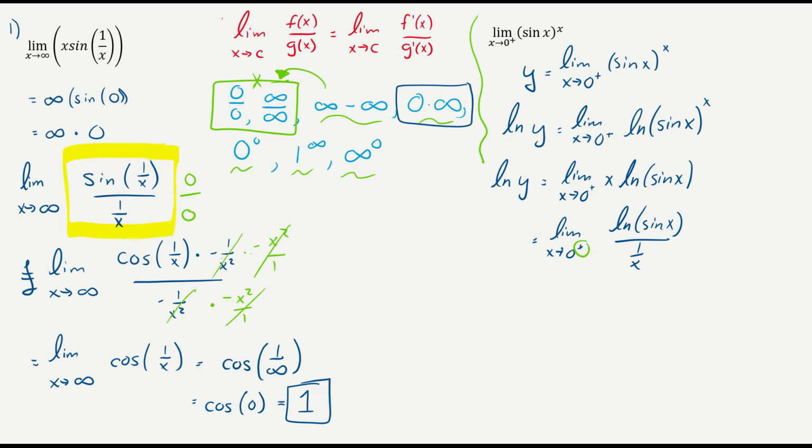So we are going to apply L'Hopital's rule, and we will take the derivative. So I have a chain rule with the ln sine. So the derivative of the outside is 1 over sine x, evaluated at the inner, times the derivative of the inside, over the derivative of the bottom, which is negative 1 over x squared. This is going to give us the limit as x approaches 0 from the right of cotangent x over negative 1 over x squared.